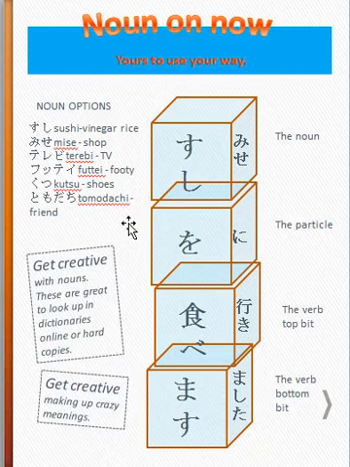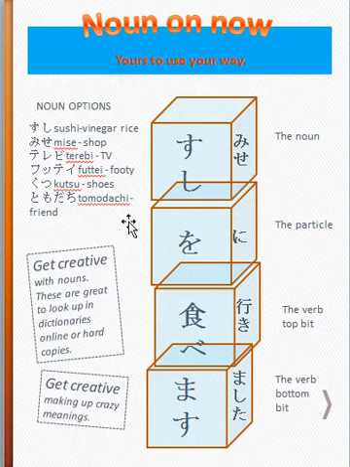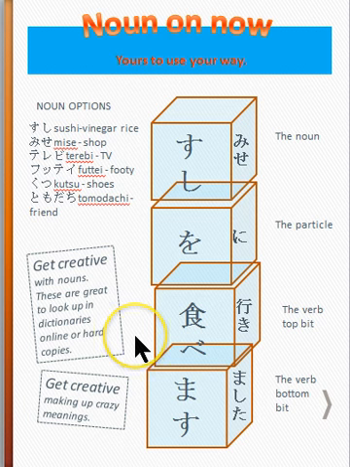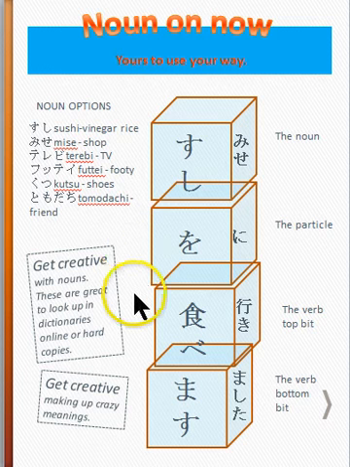So if you were doing the buy verb, for example, you could change tabe to kai and put futi o kaimasu, I buy a footy. Or you could use kutsu o kaimasu, I buy shoes. It's really up to you how you add those ones.